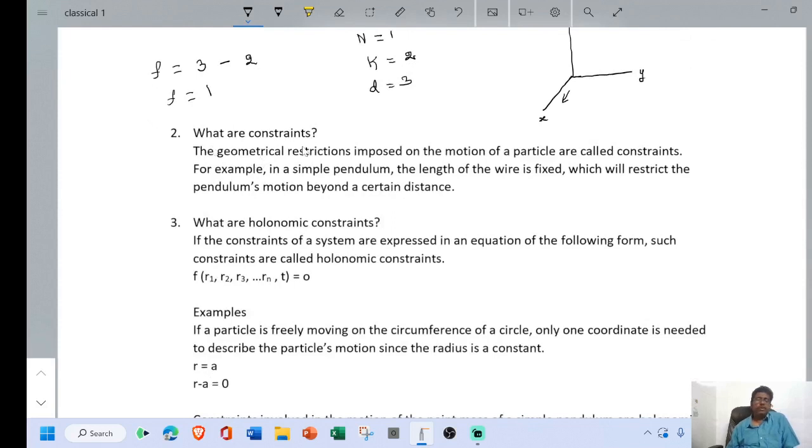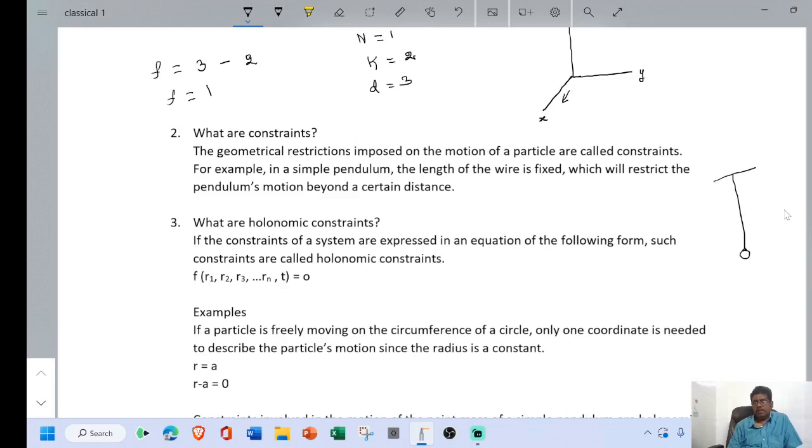Second question is, what are constraints? The geometrical restrictions imposed on the motion of the particle are called constraints. For example, in a simple pendulum, the length of the wire is fixed. Say, this is a simple pendulum.